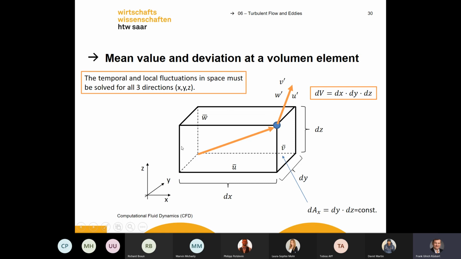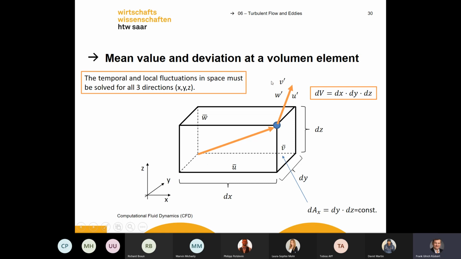That gives you the volume of the cell. And you have your U mean value, your V mean value, and your W mean value. This more or less defines your volume. Now you can also have a mean value velocity, but inside the cell the velocity can change a bit.